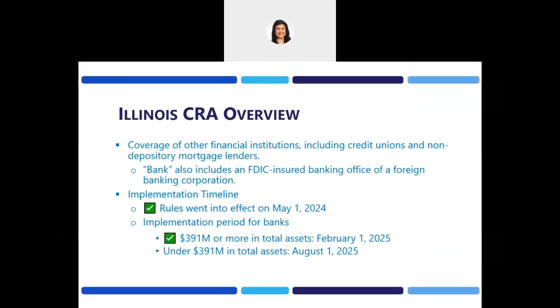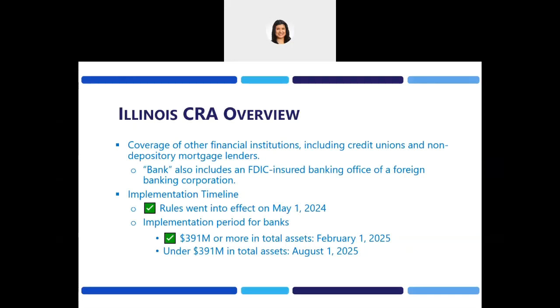And the definition of bank also includes FDIC-insured banking office of a foreign banking corporation. Of course, the rules went into effect on May 1st, 2024. And this was after about a year and a half of discussions, public hearings, and formal comments by industry and the public.